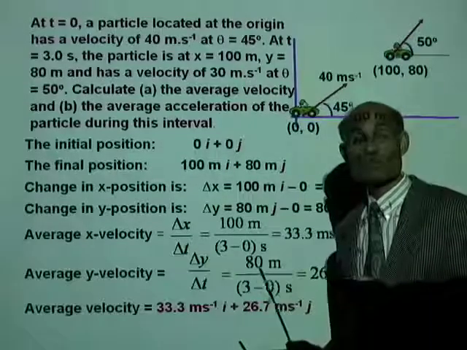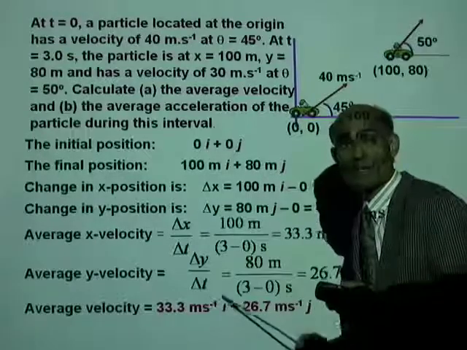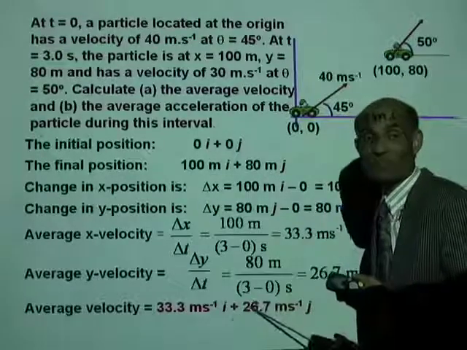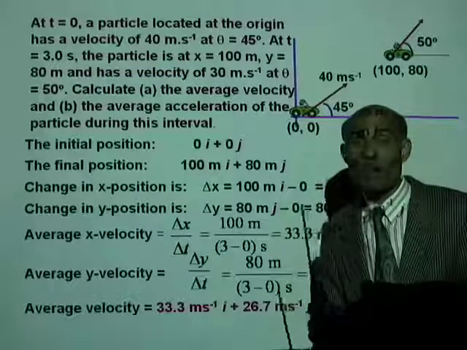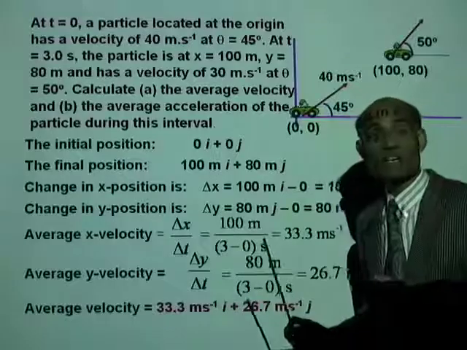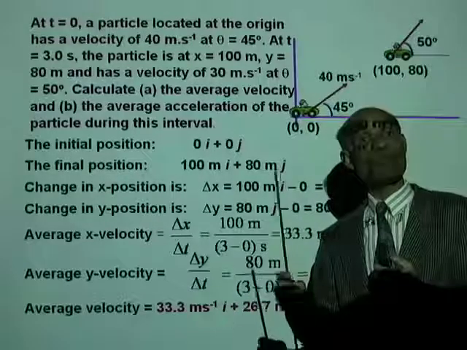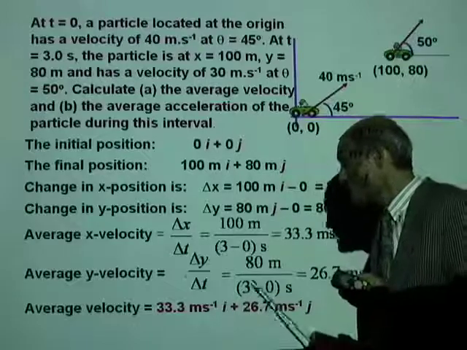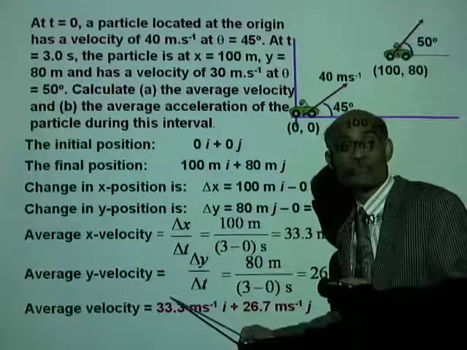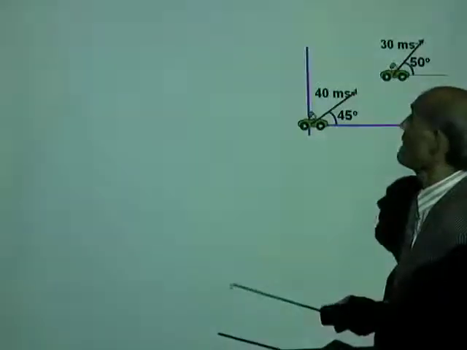So the magnitude of the resultant is square root of x squared plus y squared. And the angle of the resultant, or the average velocity, will be theta equal to tan inverse of what? Y divided by x. Okay, let's move on and do the second part.